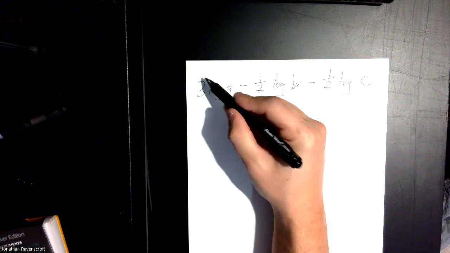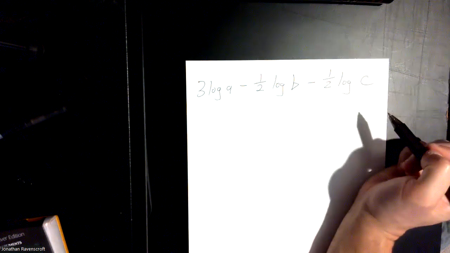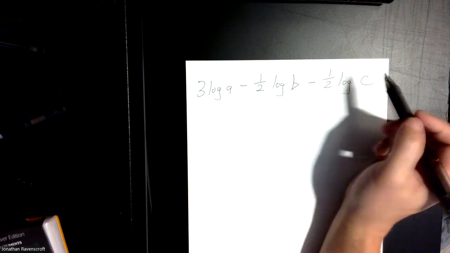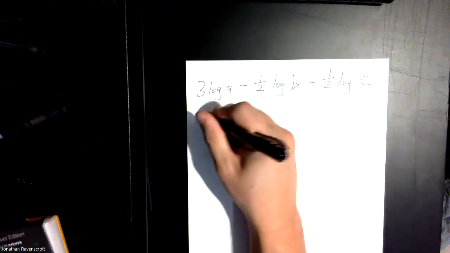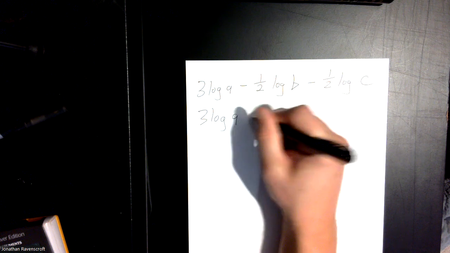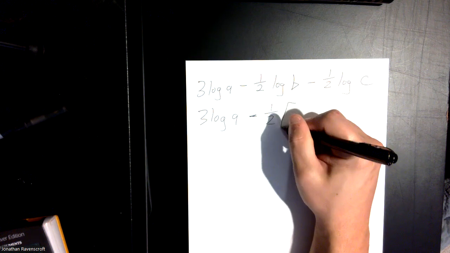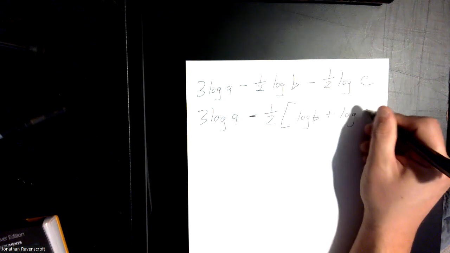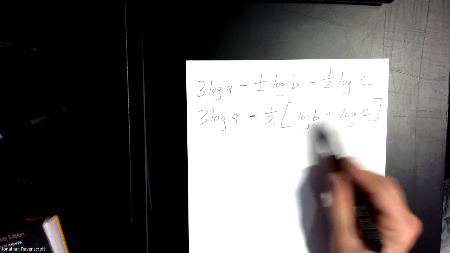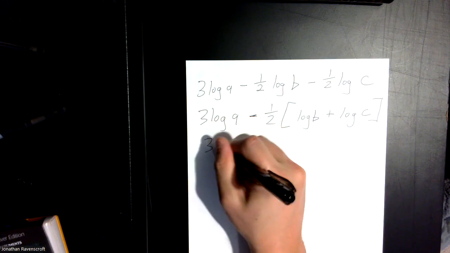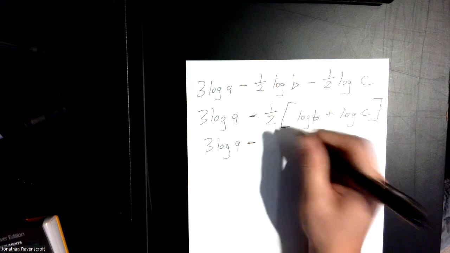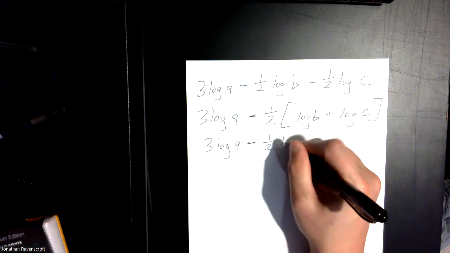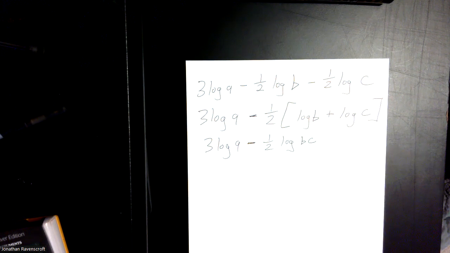You could use the rule that says move it to the exponent, and you could. What I think I'm going to do is factor out a negative 1/2. Same as the previous problem, it'll create some addition. Let me say 3 log A minus 1/2 the quantity of log B plus log C. And what you create is very nice. You have addition, turn it into multiplication, log of B times C.